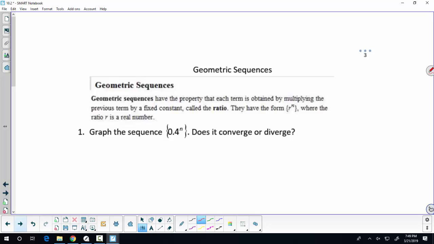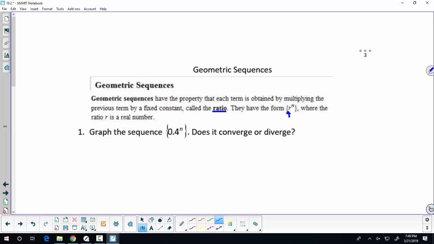Okay, then, a specific type of sequence that we're going to look at is geometric. A geometric sequence has the property that each term is obtained by multiplying the previous term by a fixed constant called the ratio, or R. So here's the ratio.